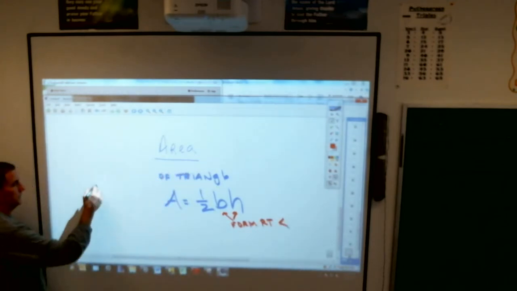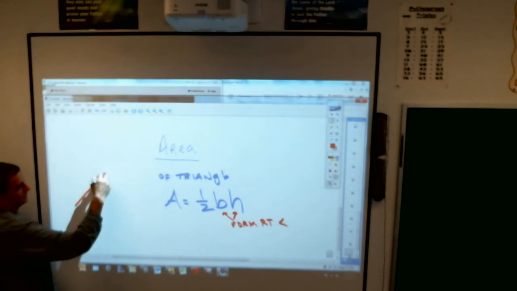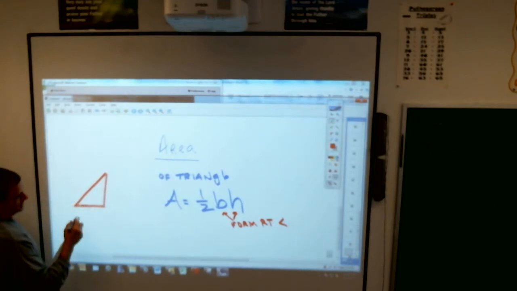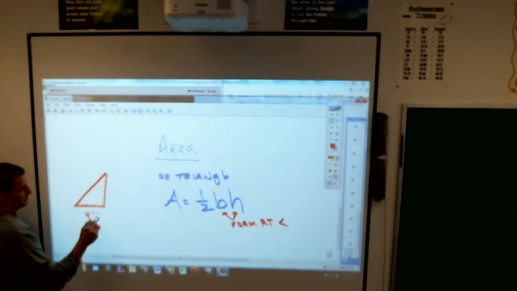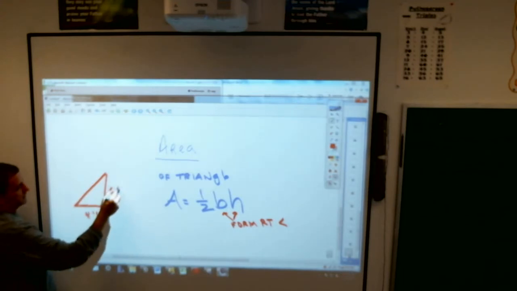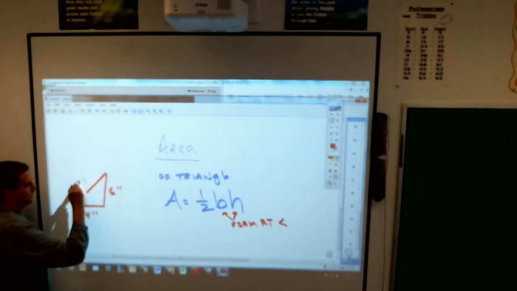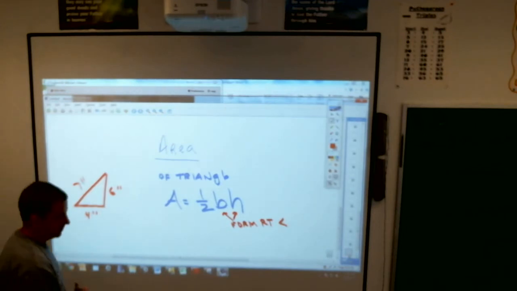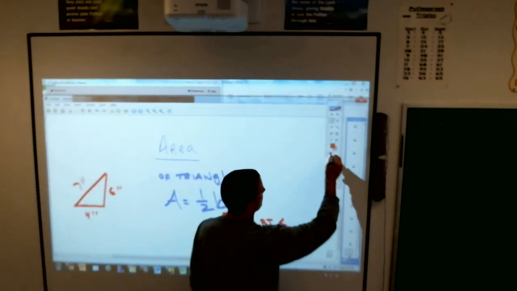In other words, if you are given this triangle, and it says this is 4 inches, this is 6 inches, and this is 7 inches, what two numbers do I multiply together as the base and the height? Amelia? 4 and 6.